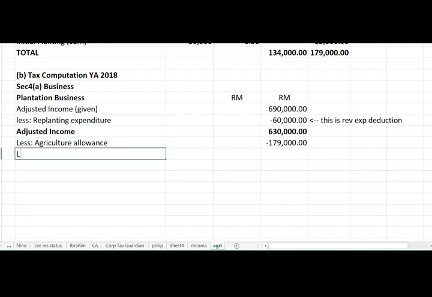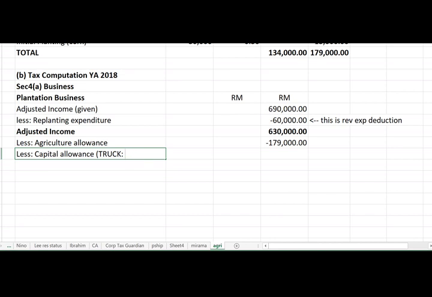Okay, I would like to remind you that you also have capital allowance for the truck. If you have missed the replanting expenditure, at least I find it okay, because that's something quite new. But the truck is something quite common, right?